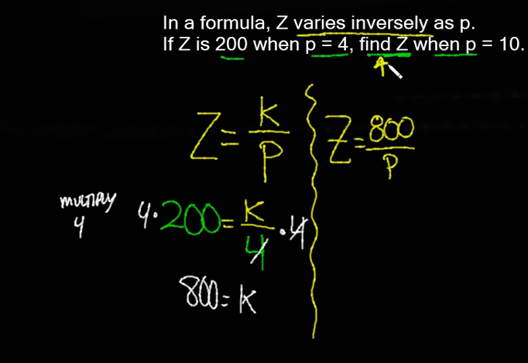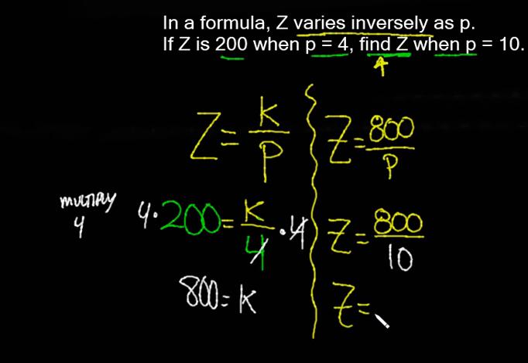It says find Z when P is 10. So Z is going to be 800 divided by 10, which is 80. And there we have our answer. Z has to be 80 when P is 10.